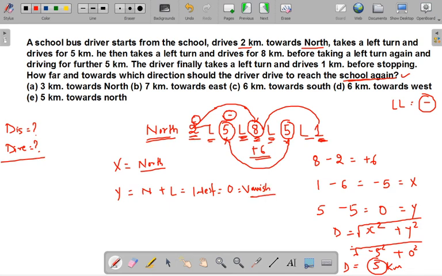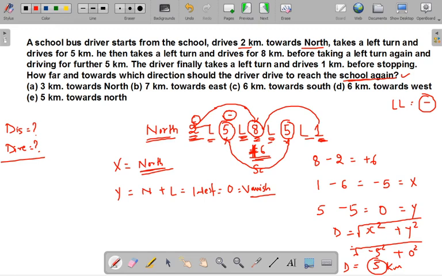And in this case, the value of x, pay attention, the value of x first came to be positive 6. It is plus 6. Originally x was in north. The first value of x is positive, so the north here will become south. Pay attention.